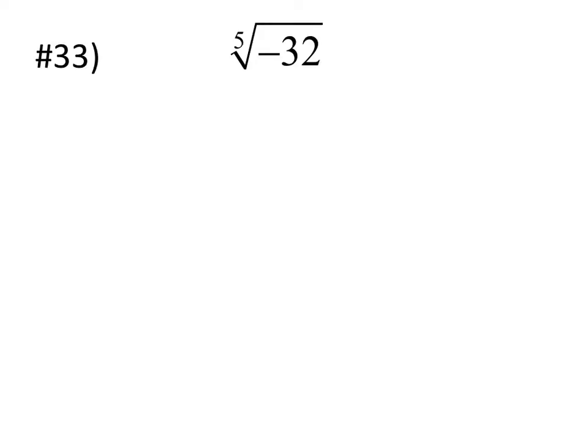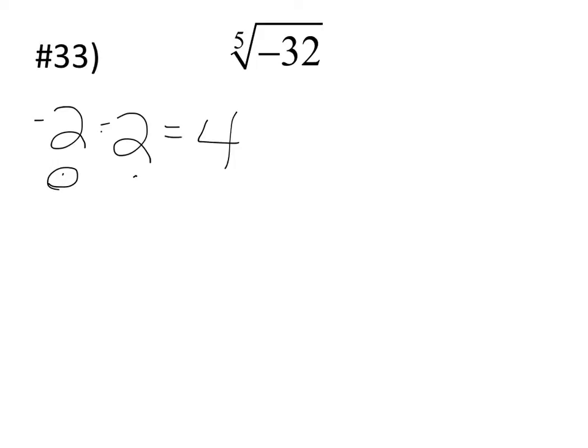Okay, now notice here we have a negative under the fifth root, but it's okay because your index is odd. So again, something times itself times itself times itself times itself is going to give you 32. It probably needs to be a decently small number, so we'll try 2. Now, because it's negative, let's go ahead and make all of our numbers negative and see what happens. So -2 times -2 is +4.